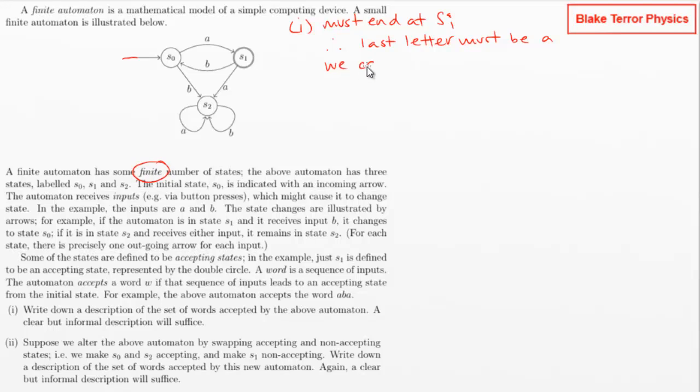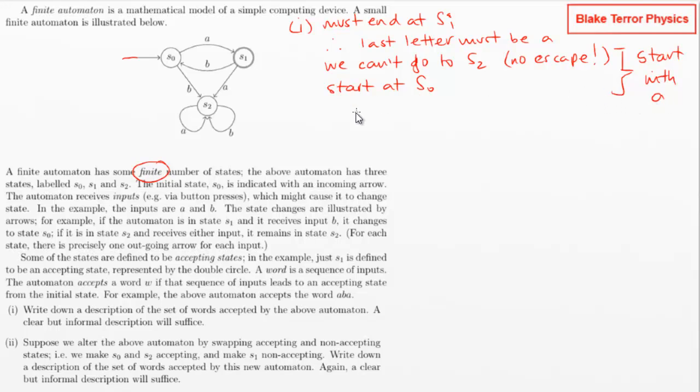We can't go to S2 because there's no escape. So we start at S0, we can't go to S2, so we must go A. So we need to start with A.